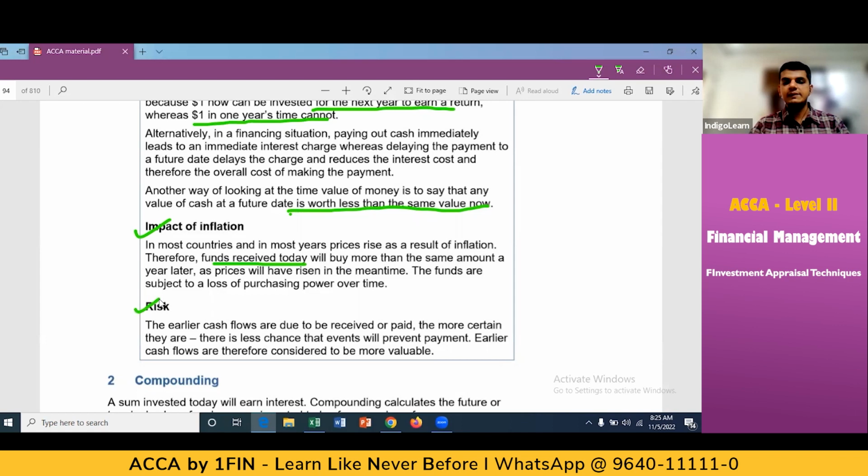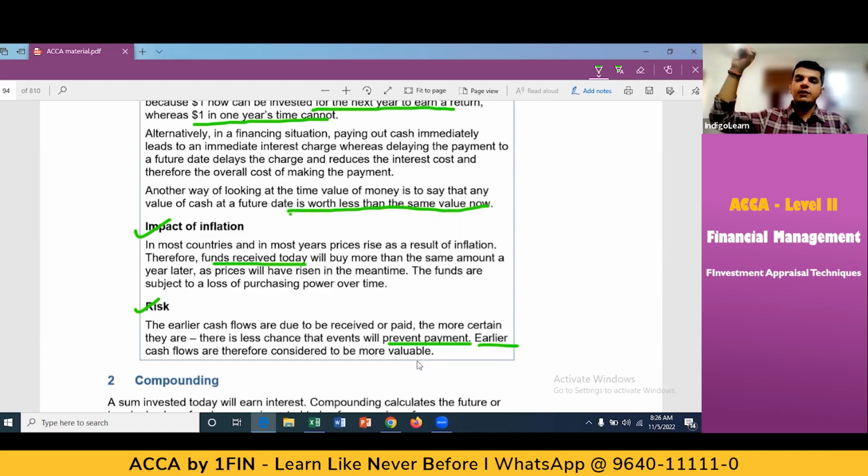Then last is risk. The earlier cash flows are due to be received or paid, the more certain they are. There is less chance that events will prevent payment. Earlier cash flows are therefore considered to be more valuable. If I give you two options, right now you take 10,000 or after 5 years you take 1 lakh. Obviously, receiving 10,000 today will be more beneficial to you because it is more certain.